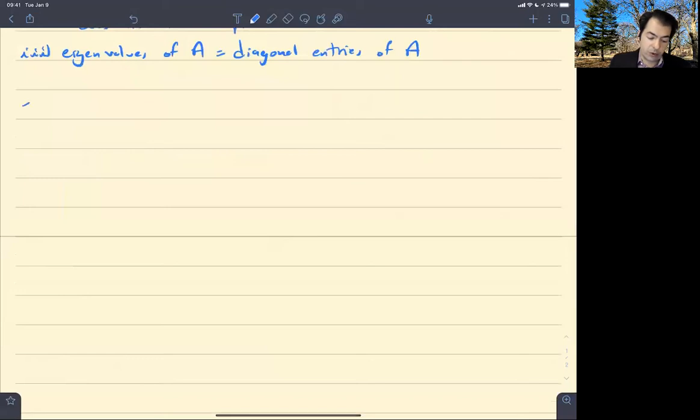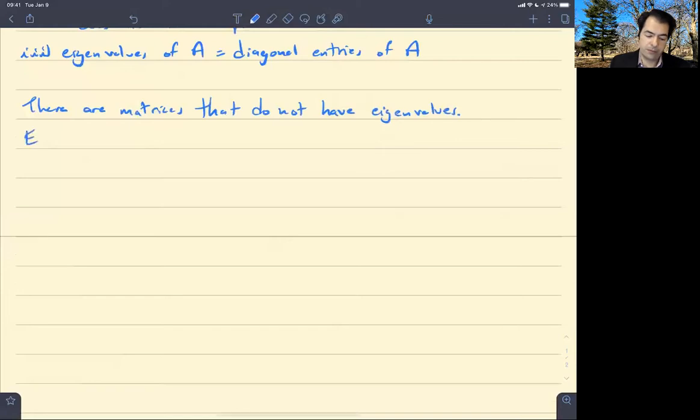So this is a good time to point out that there are matrices that do not have any eigenvalues.